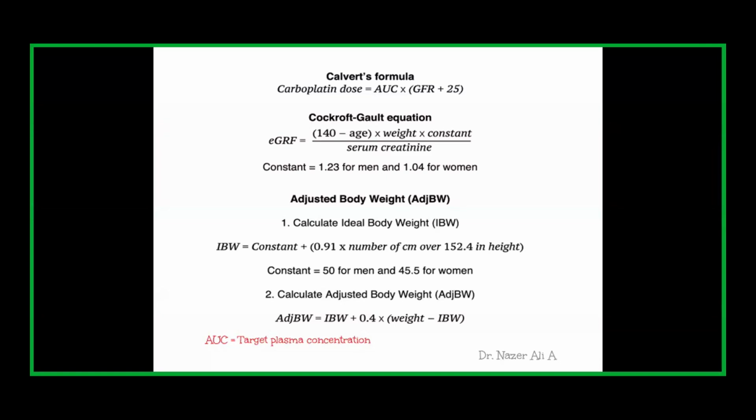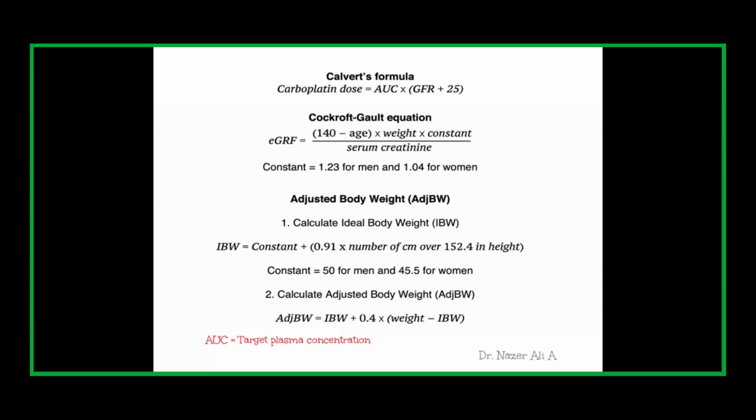If you keep increasing the AUC, there will be increased plasma concentration, which increases the chances of nephrotoxicity because this drug is rapidly eliminated in urine. So for the weekly protocol AUC is 2, and for 3-weekly it is advisable to keep it at 5 or sometimes 6. The maximum carboplatin dose is capped at 600 mg, into creatinine clearance plus 25.